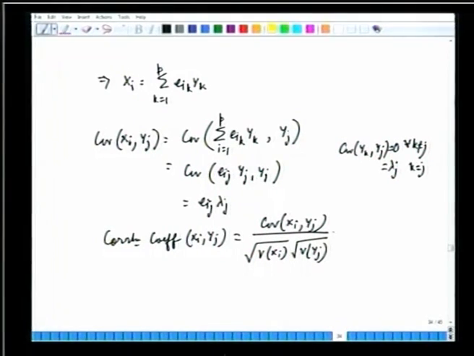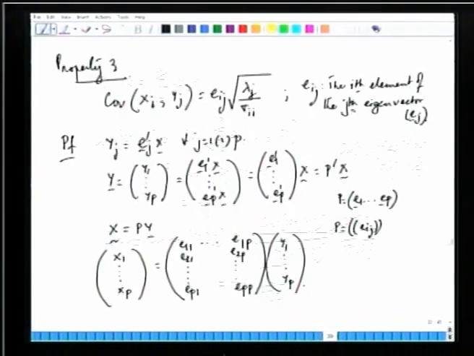I know all these, so I can immediately write this as Eij lambda j, divided by root of sigma ii and root of lambda j. So this is giving me Eij root lambda j by sigma i.